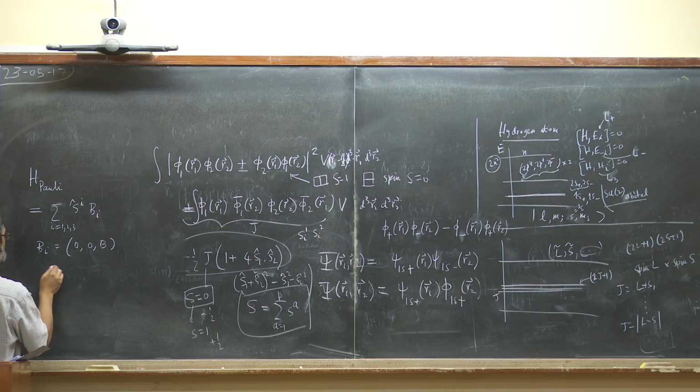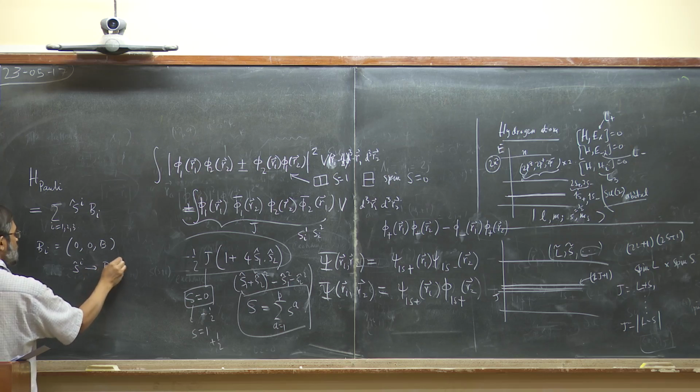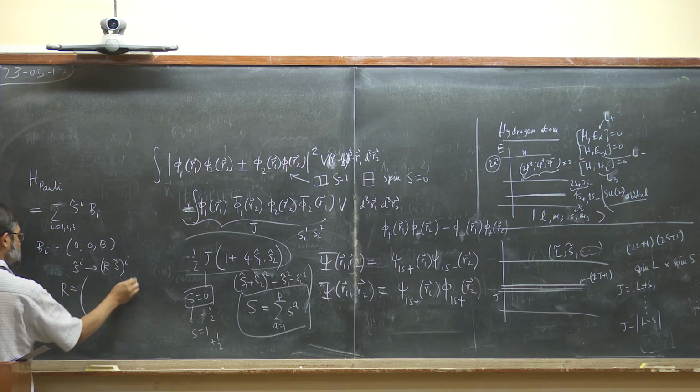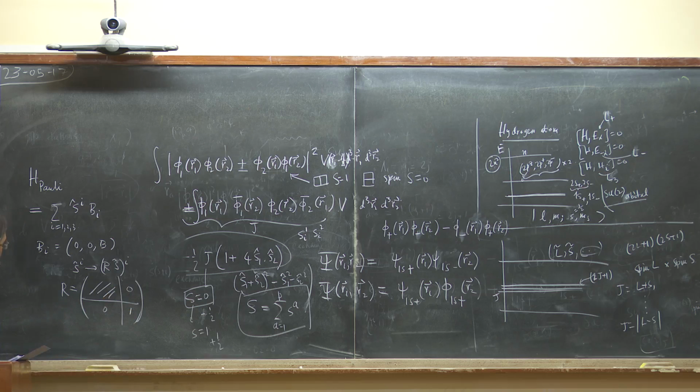So basically this R matrix, which earlier I was saying that S goes to R S, where R is an SO3 or an SU2 matrix, can now in an SO3 representation only be something non-trivial here, here, here, like that. In terms of Lie algebra, it will be something non-trivial here, 0, 0, 0.